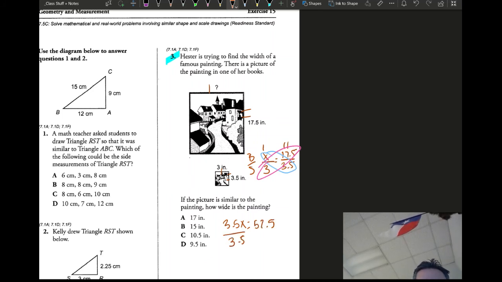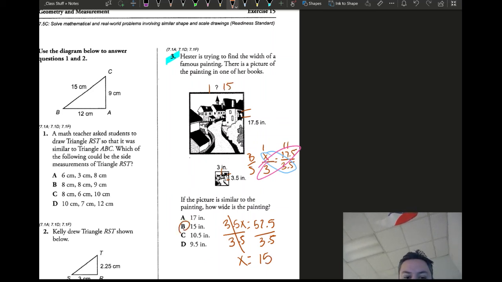Divide by 3.5, divide by 3.5. That cancels out, so your x is going to be 15. So we're saying that this is 15. And if you kind of look at it, it has to be less because this went smaller, so this has to be smaller. And it kind of did. It did.